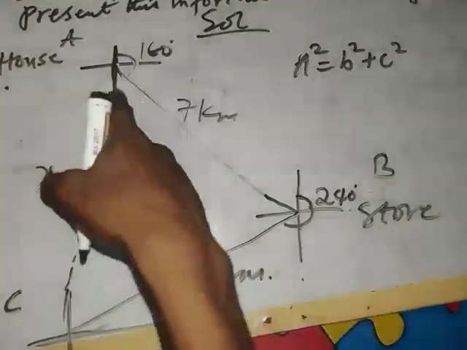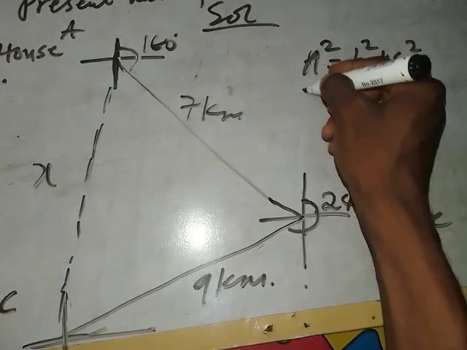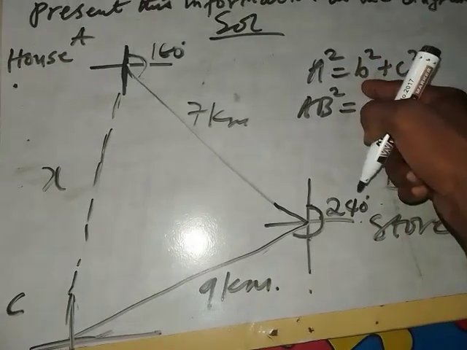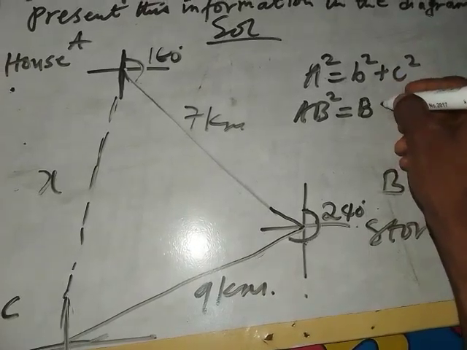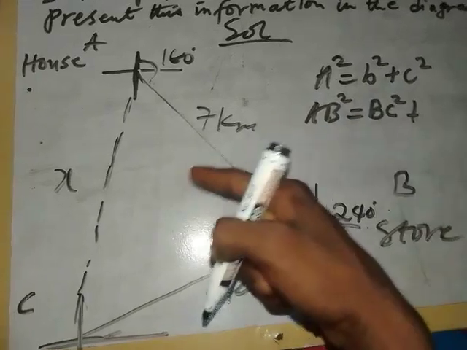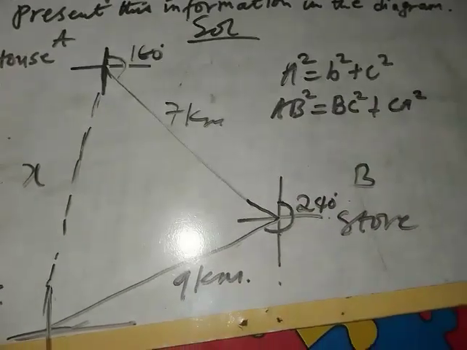That means AB squared equals BC squared plus CA squared.